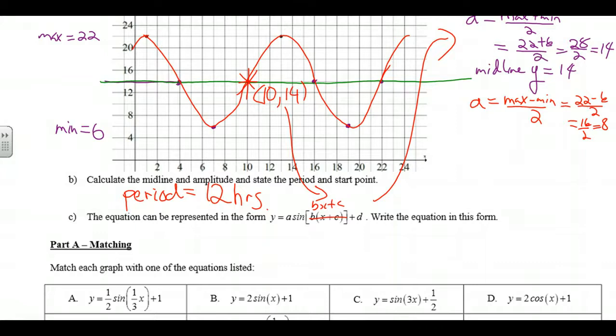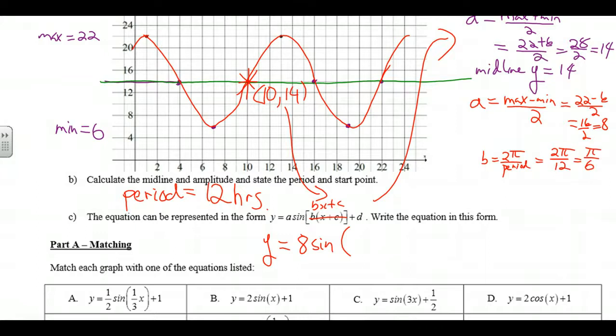Okay, so the a value is 8. Y is equal to 8 sine bracket b. What's b? Okay, so b is equal to 2 pi over the period, which is 2 pi over 12, which is, and don't get anxious, just go pi over 6 because it's exact.